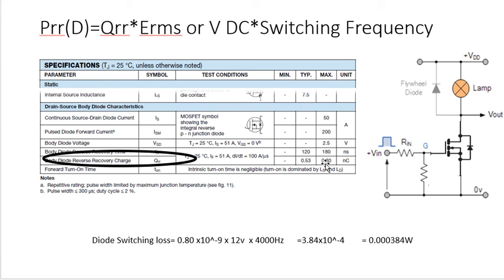So 0.80 nanocoulomb, so 0.80 into 10⁻⁵ into applied voltage into the switching frequency of this pulse. This has given us 0.000384 watt loss. So this is also very small.